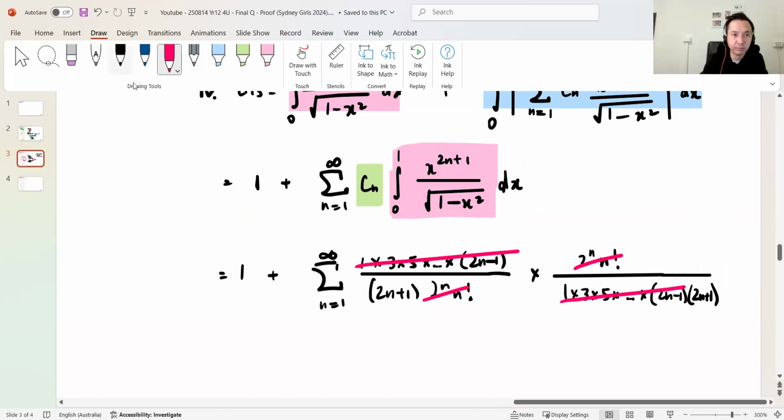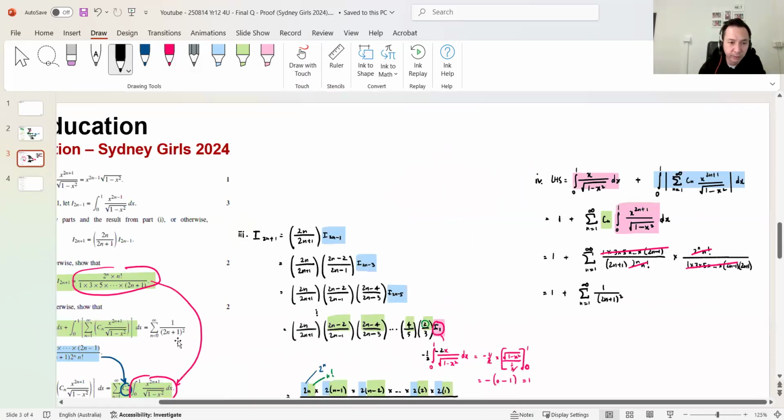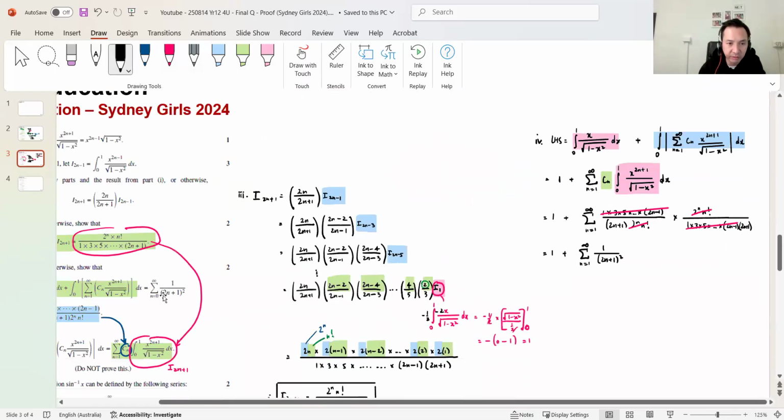So I just got this guy squared. Is that what I want? Yep. Then I got 1 plus sum n equals 1 of 1 over 2n plus 1 squared. Now if you look at the right-hand side, that looks exactly the same, with the only difference being that the 1's gone, and also n equals 1 there. In the question it's 0.